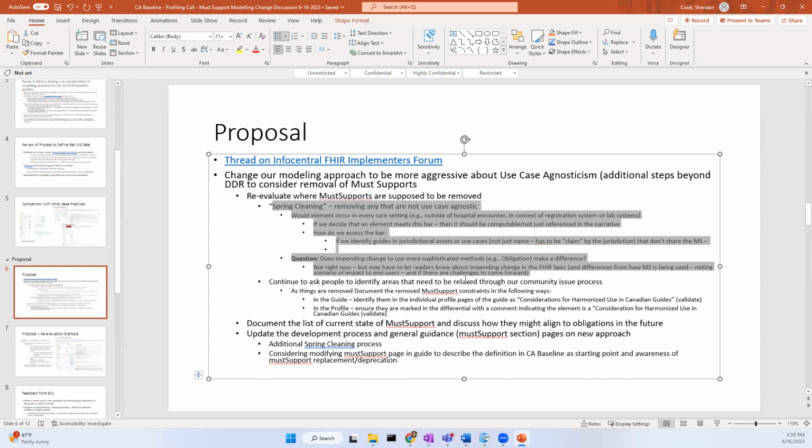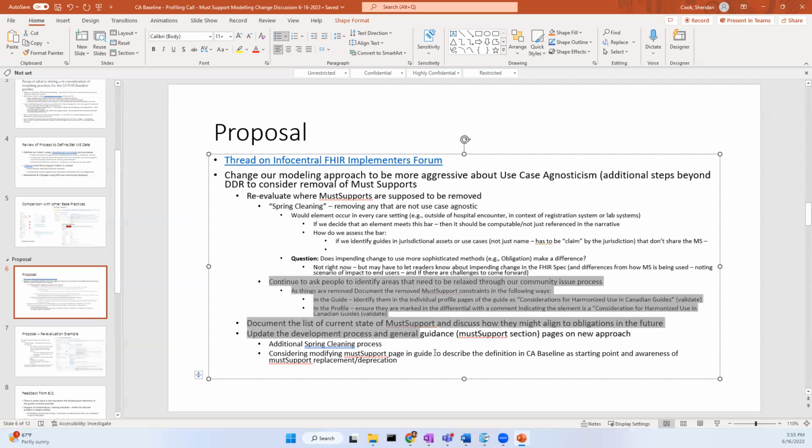I think acknowledging that obviously we will have to see how this goes, I think maybe that's part of it. But do we need more time to talk about these other aspects? Like, if we need to say anything more about the proposal for the community issue process, or what we'd be writing, the points we'd be making in the guidance section around must support and our recent slight tweak in our process.